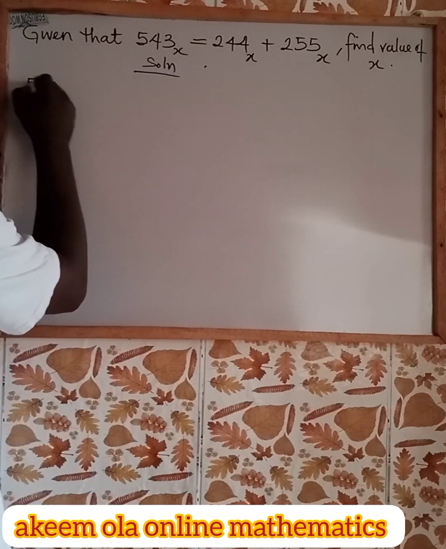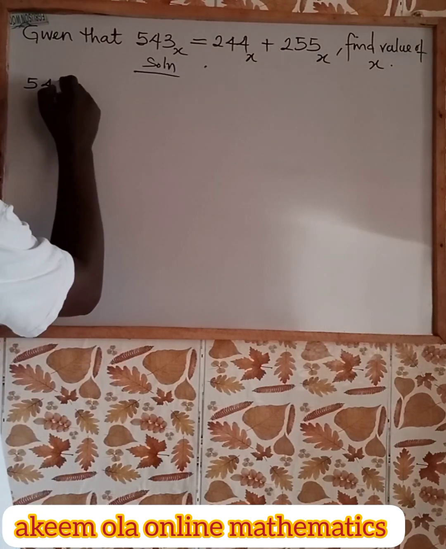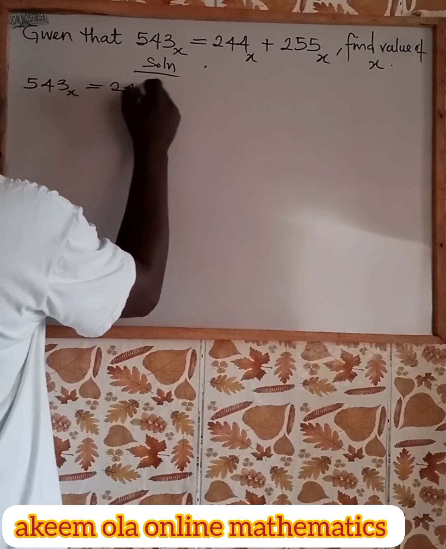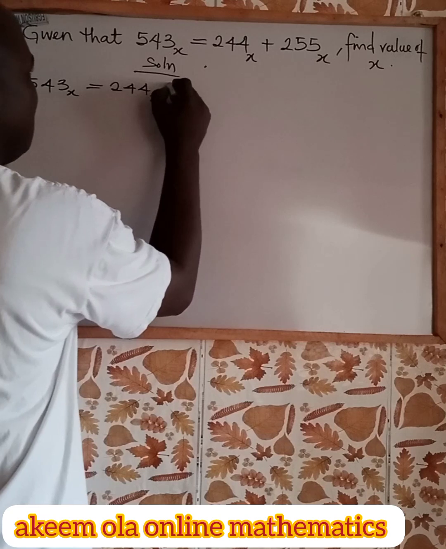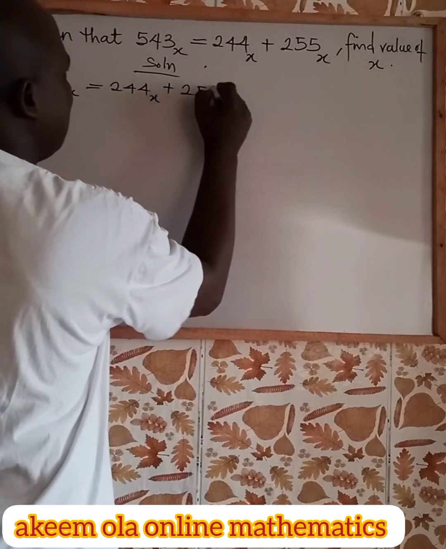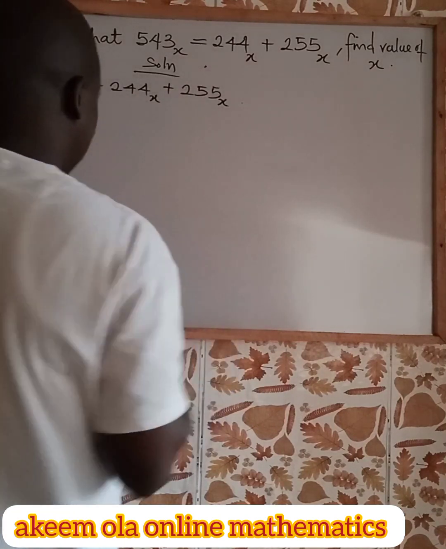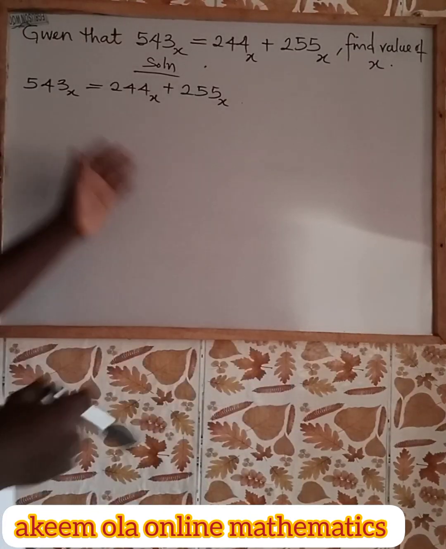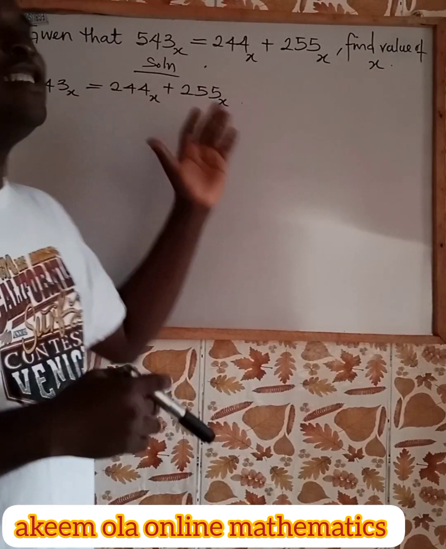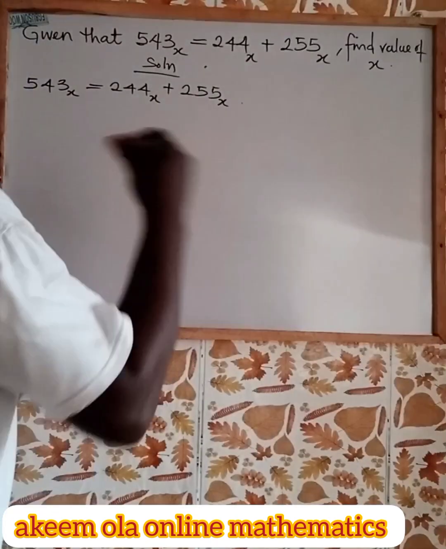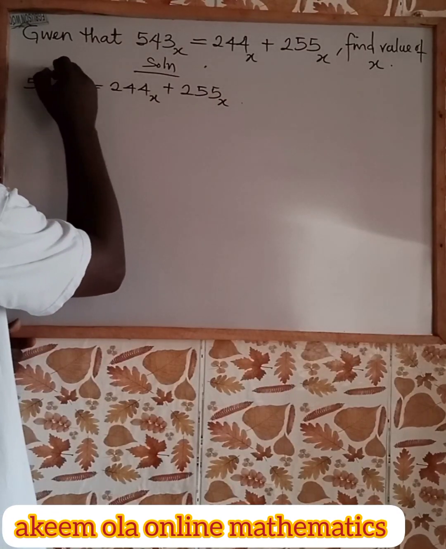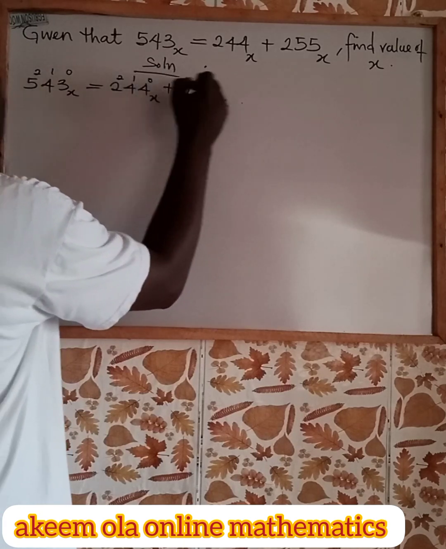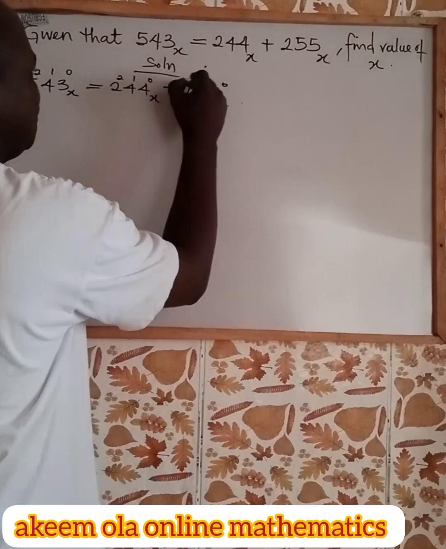I have 543 base x is equal to 244 base x plus 255 base x. And remember, for us to convert to base 10, we are going to express each of these in terms of their powers. That means we are going to start from power 0, 1, 2, power 0, 1, 2, power 0, 1, 2.